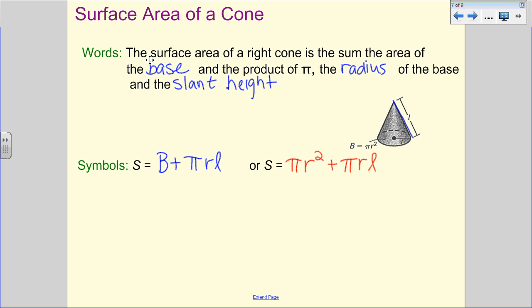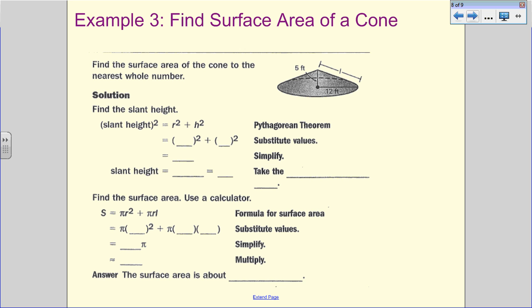So let's take a look at some of these. I'm going to find the surface area of the cone. It says to the nearest whole number. You know we're going to the hundredths. So let's take a look. If you notice, we don't have L. We need to find the slant height.